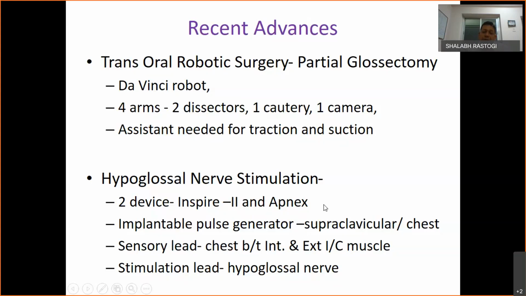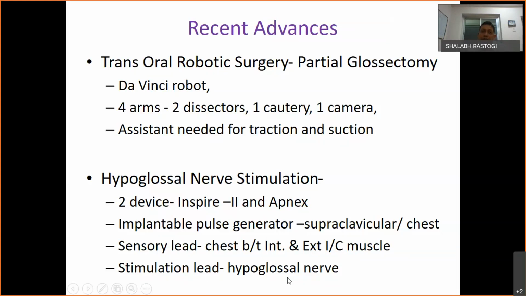The basic principle is that it has a sensory lead, which is placed in the chest between the internal intercostal muscle and external intercostal muscle, and it gives a signal to the generator, which is placed either in the chest or the supraclavicular region, which gives signal to the stimulation leads, which stimulate the hypoglossal nerve.